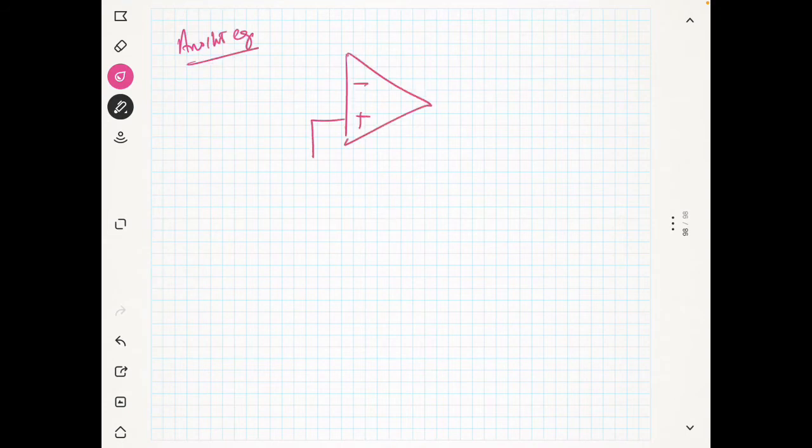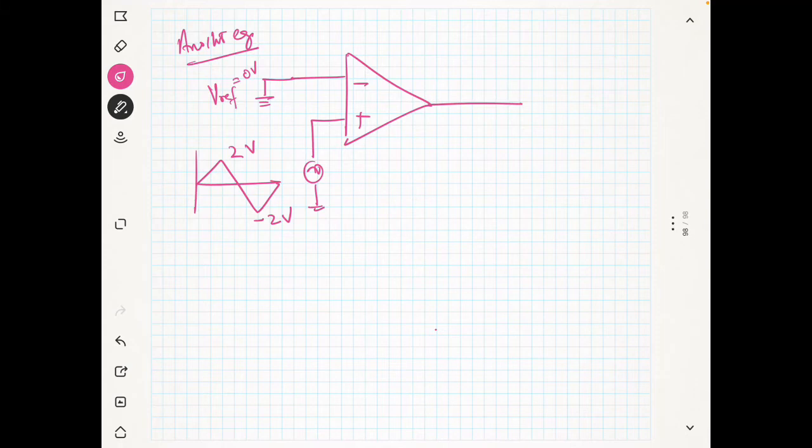Suppose you have another example. This is V in, a triangular wave of 2 volt and minus 2 volt, and this is V reference, which is equal to 0 volt. When the input becomes just greater than 0, because your V reference is 0, your output will go to plus 15 volt, and the negative side is minus 15 volt.